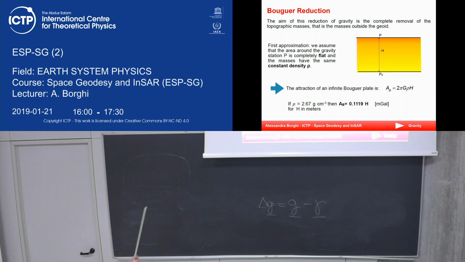So, with this reduction, we want to remove the topographic masses. Why? Because often we are interested in what happens in the crust.